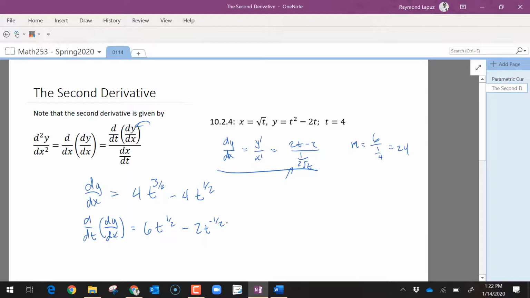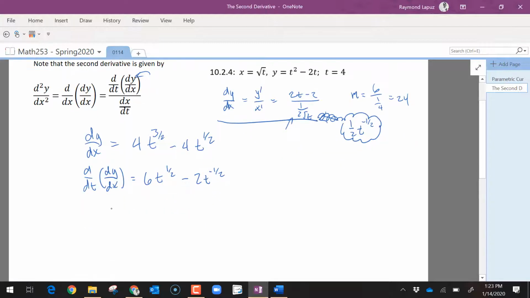So that will be my numerator. And then I'll just use the same denominator over here. In fact, I could probably write it as 1/2 t to the negative 1/2 or something. So that's my dx dt, right?